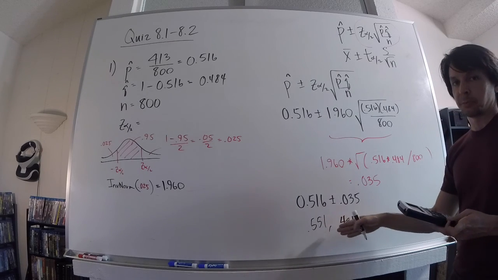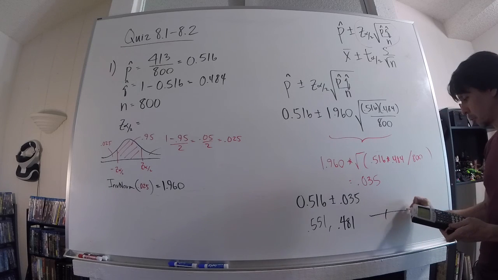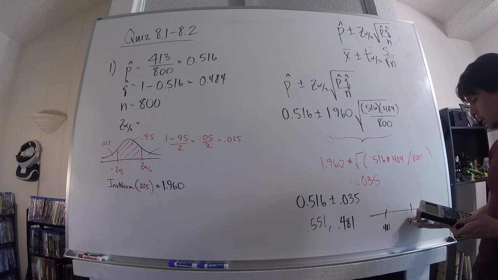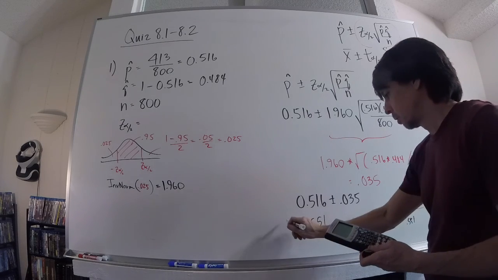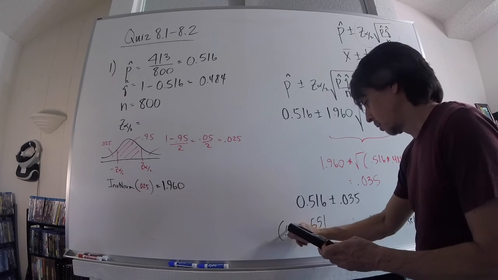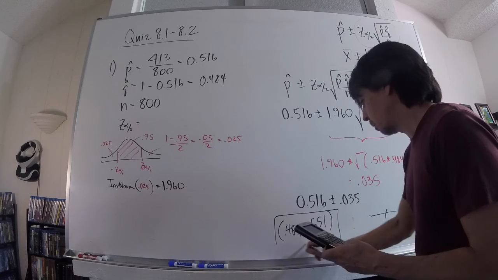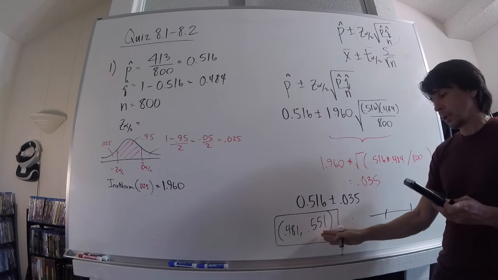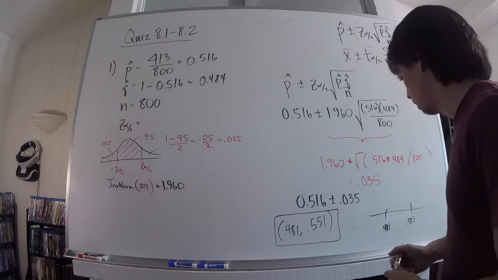It's going to be smallest lower boundary and largest upper boundary so that you can see it on a number line. 481 is the lower bound. 551 is the upper bound, so make sure you're putting in order. That is technically wrong, even though I obviously won't know what you meant. Give it to about an interval, so it's between 48.1% and 55.1%. Okay, that's transfer number 1.